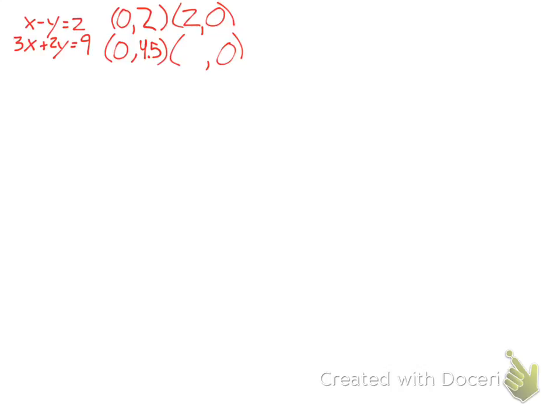Do the same thing. Put a 0 in for y. That makes this y part disappear. Divide both sides by 3. What's 9 divided by 3? 3.